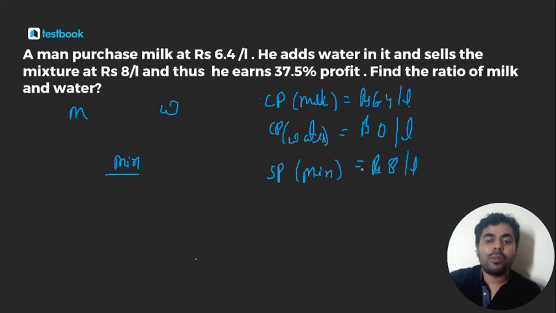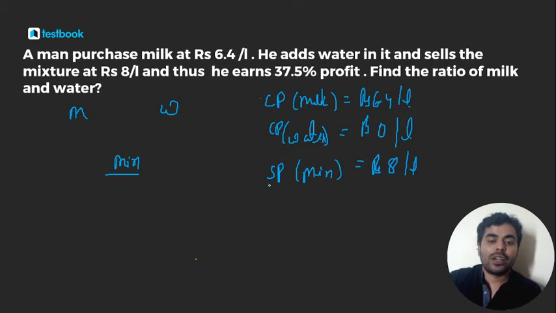Now the problem here is we have components values as CP and the mixture value as SP. I have told you that everything you put in this alligation method, components and mixture, should be in the same sense. But they are in different senses. So what you have to do is make their sense the same.